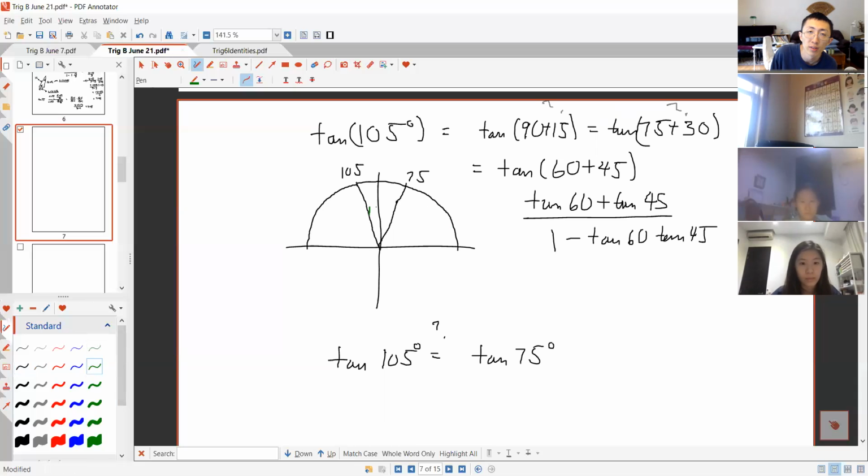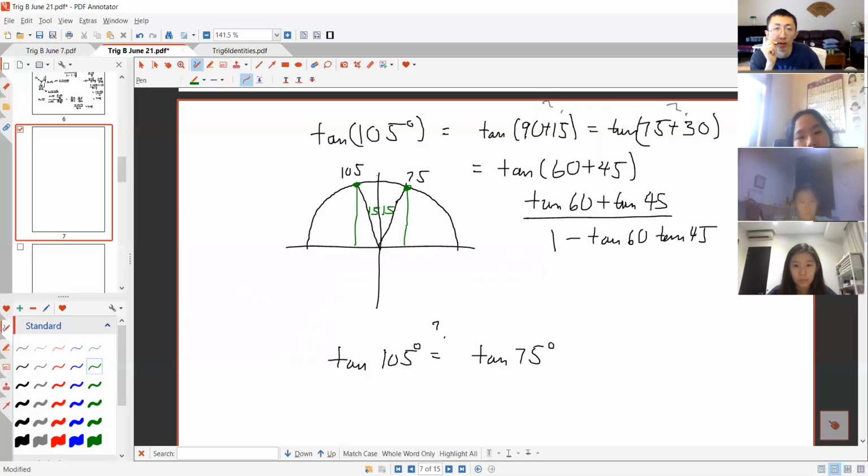So notice that both of these are 15 degrees from 90, right? So if I drop the altitude, how are the y coordinates related and how are their x coordinates related for their terminal points? Do they have the same y coordinate? Yes. And they have opposite x coordinates, right?